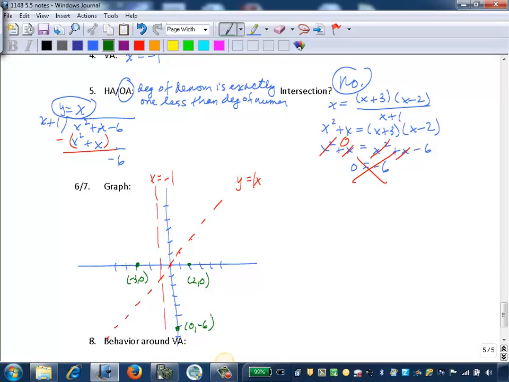Just from those intercepts, that confirms that we will have a branch in this part of the grid, not down here. Remember, we can't have a piece of the graph, a branch here and here, because that would fail the vertical line test and it wouldn't be a function.